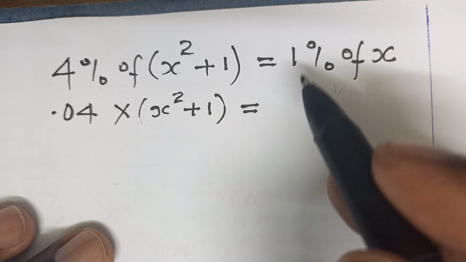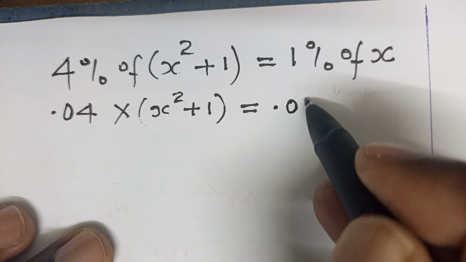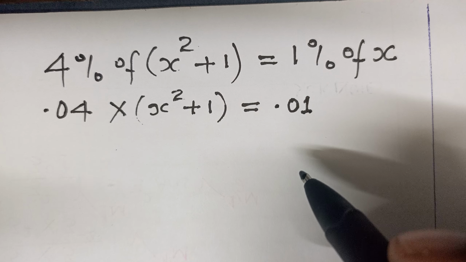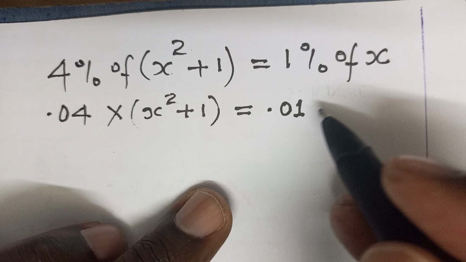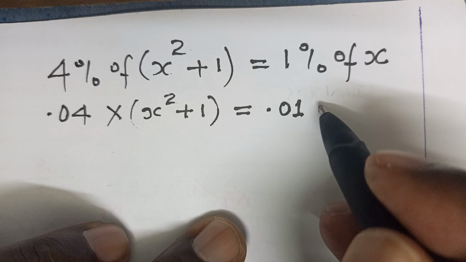Guys, 1% is 0.01. 0.01 of x, that means it is times x.